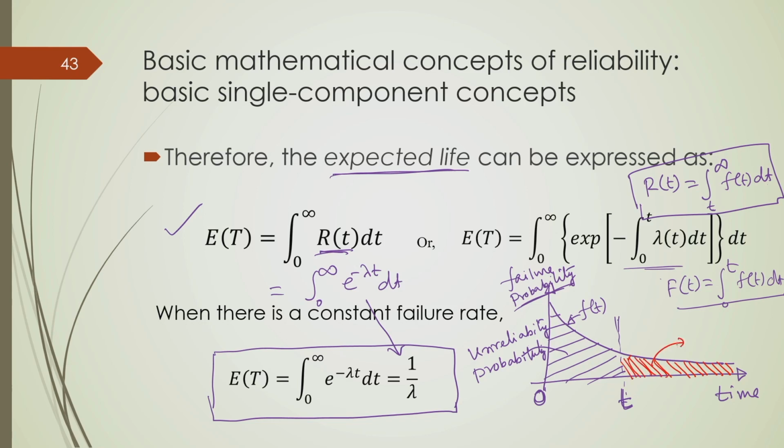So, this gives you the reliability probability. This is something you should know, and the summation of reliability and unreliability will give you 1.